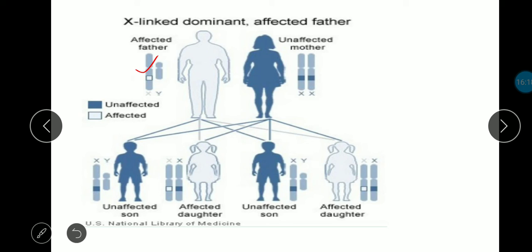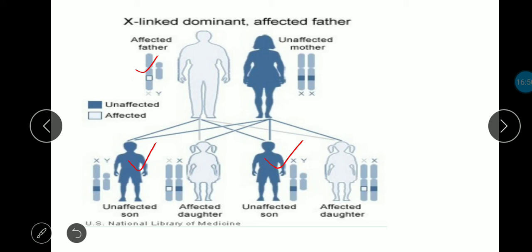This affected gene carried by the father is transferred only to daughters because the X chromosome goes to the daughters and sons get a Y chromosome. Hence there is no affected or mutant gene in the sons.